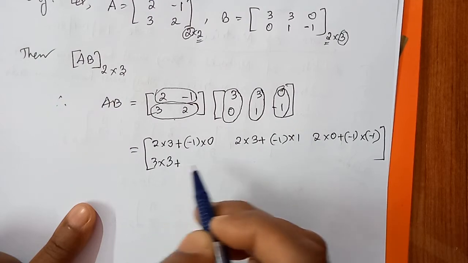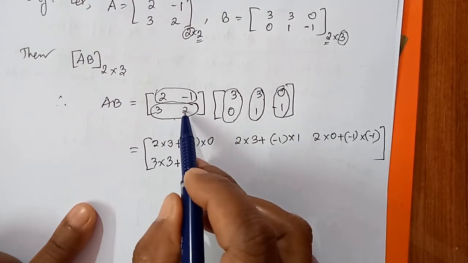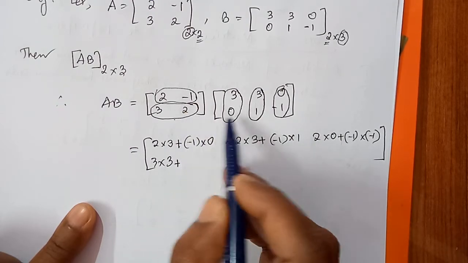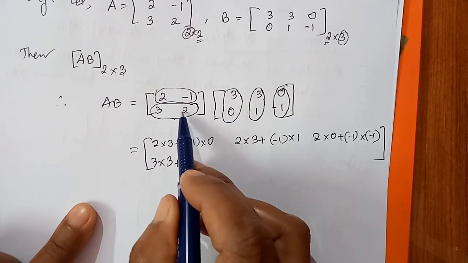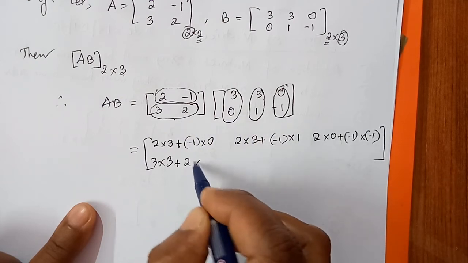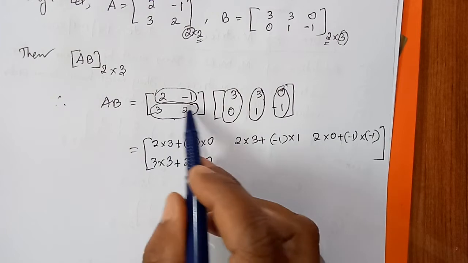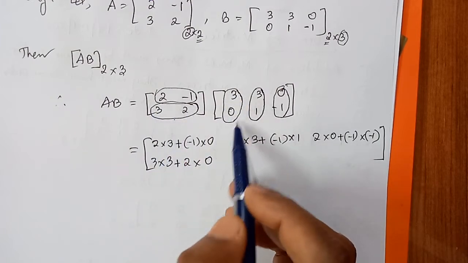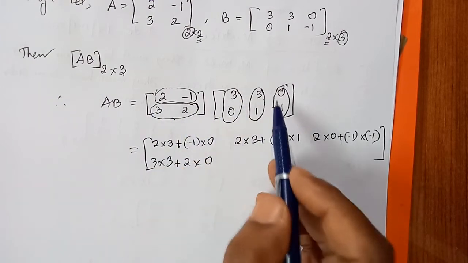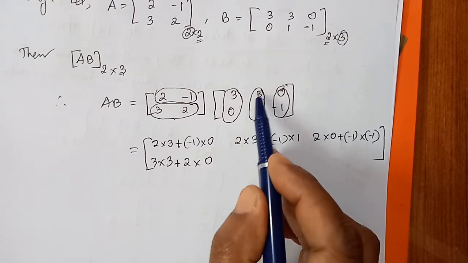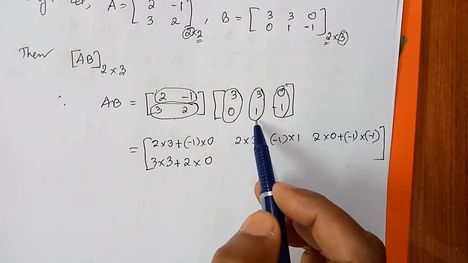Always give plus symbol. Now second element of the second row and second element of the first column of the second matrix. So 2 into 0. So with the second row, first column finished.